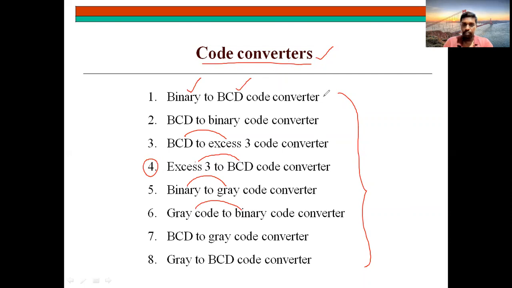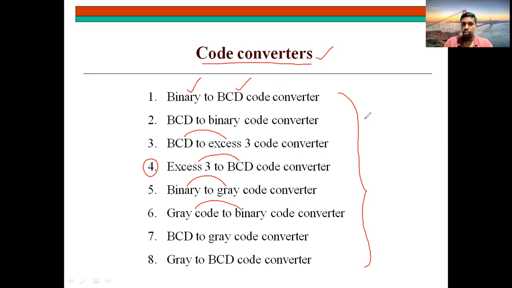Okay, till now we have learned these processes manually. In the previous sessions we have seen the manual process of how to convert binary to BCD, or binary to gray, or gray to binary. We have seen these conversions in the number system conversions in the earlier classes. Manually we have seen, and now we are going to design the circuit.